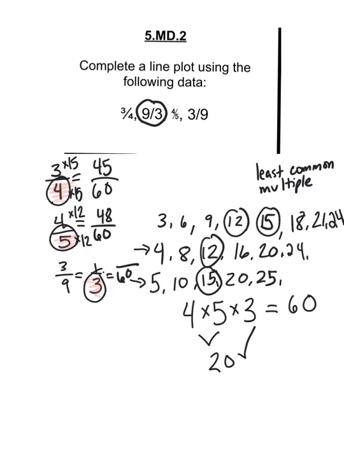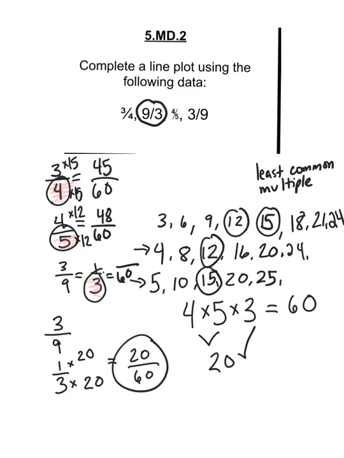Now, for 3/9, or 1/3, I'm going to multiply both of these times 20, and that will give me 20 out of 60. So these are the values I need to put on my line plot now.